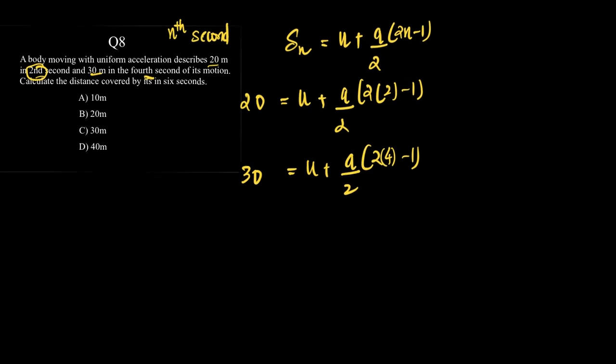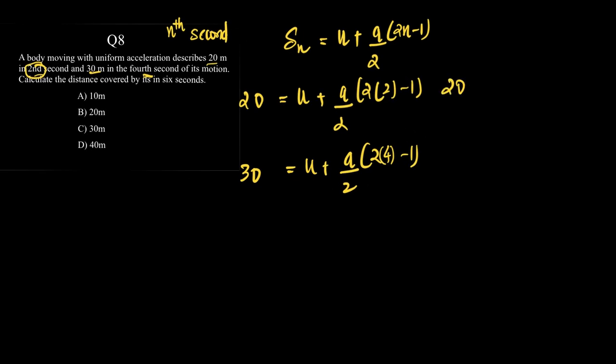Okay. So this basically becomes 20 is equal to u plus 2 into 2 is 4, 4 minus 1 is 3, so 3a by 2, and 30 is equal to u plus 4 into 2 is 8, 8 minus 1 is 7, so 7a by 2.